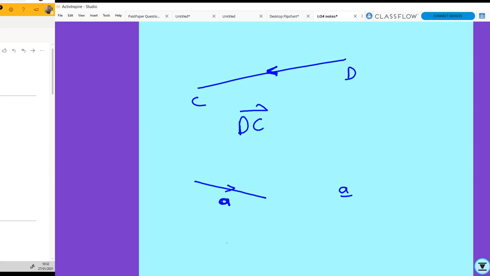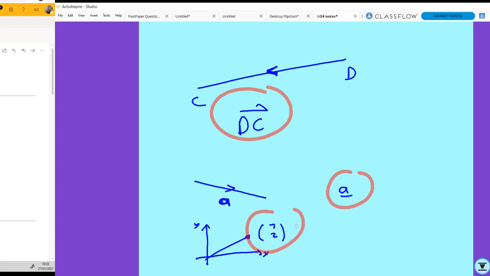Or you might get a line that tells you its components, I'm drawing my x and y axis roughly here, as 7, 2. So these are 3 ways that a vector can be written: its start and end point, a bold lowercase letter, or component form, this is called.